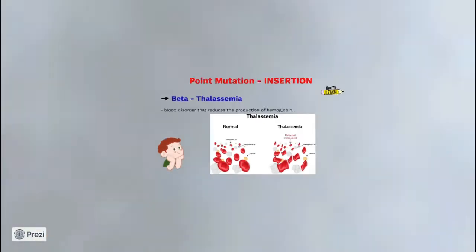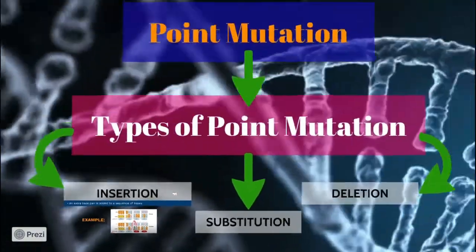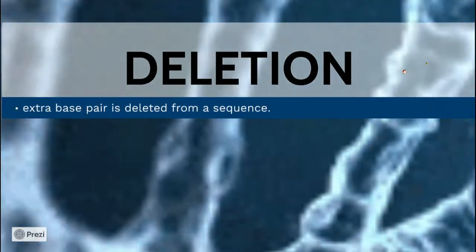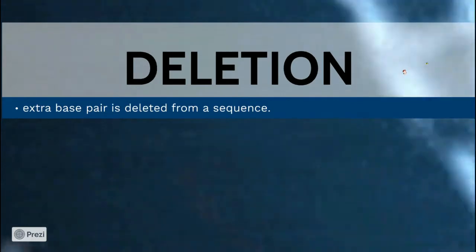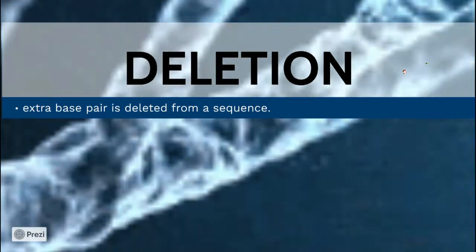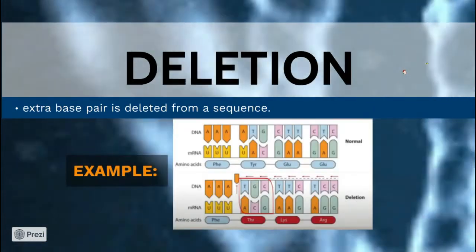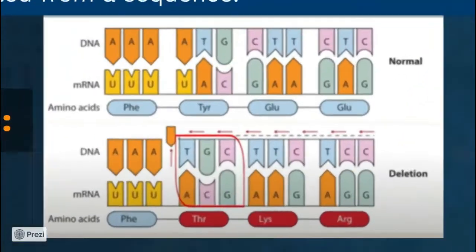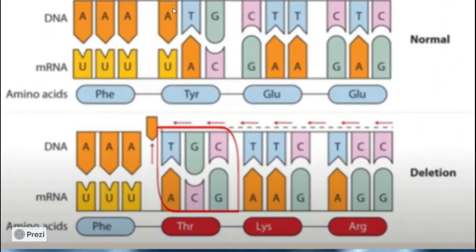Another type of point mutation is deletion. Deletion means a base pair is deleted from a sequence. For example, comparing with the normal DNA sequence that I showed a while ago, in the deletion part, as you have noticed here, the adenine is gone. Since the adenine is gone, the uracil is gone too.